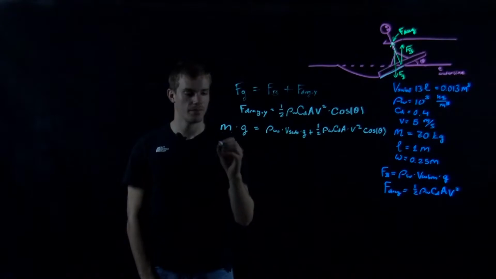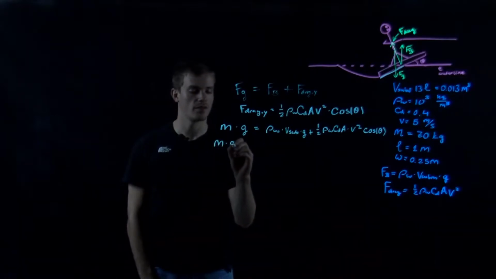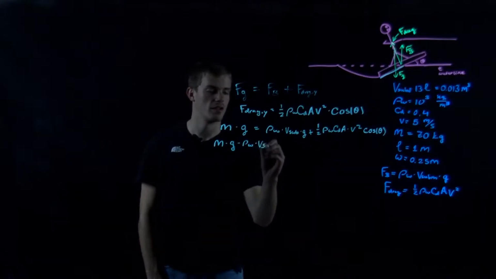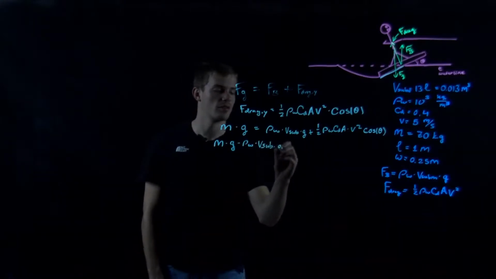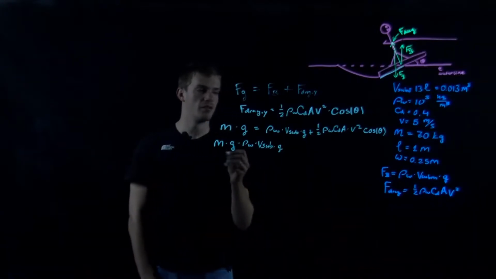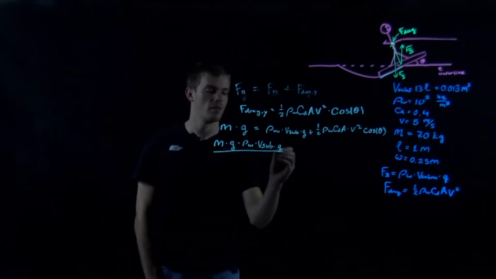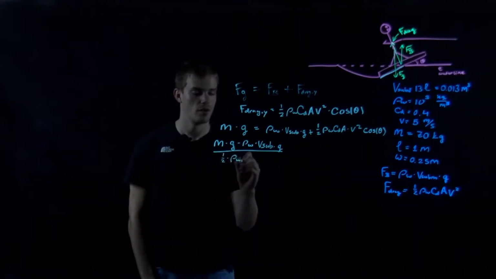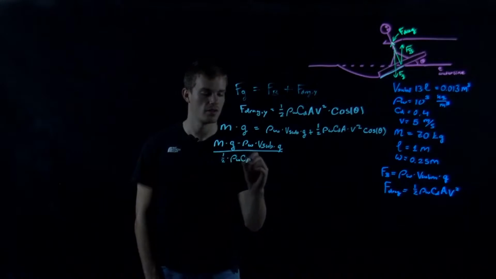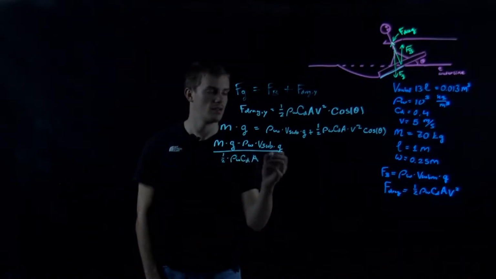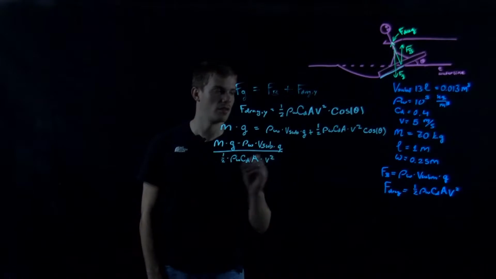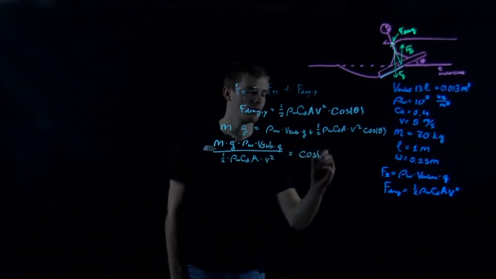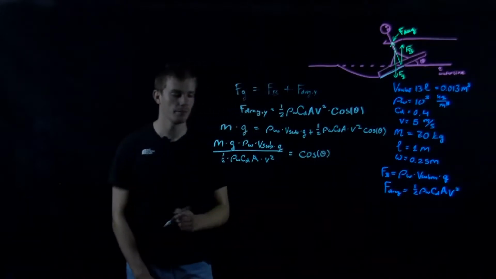So we will get m times g minus rho of water times v submerged times g, divided by a half times rho of water times the constant of drag times area times v squared, which is equal to the cosine of theta.